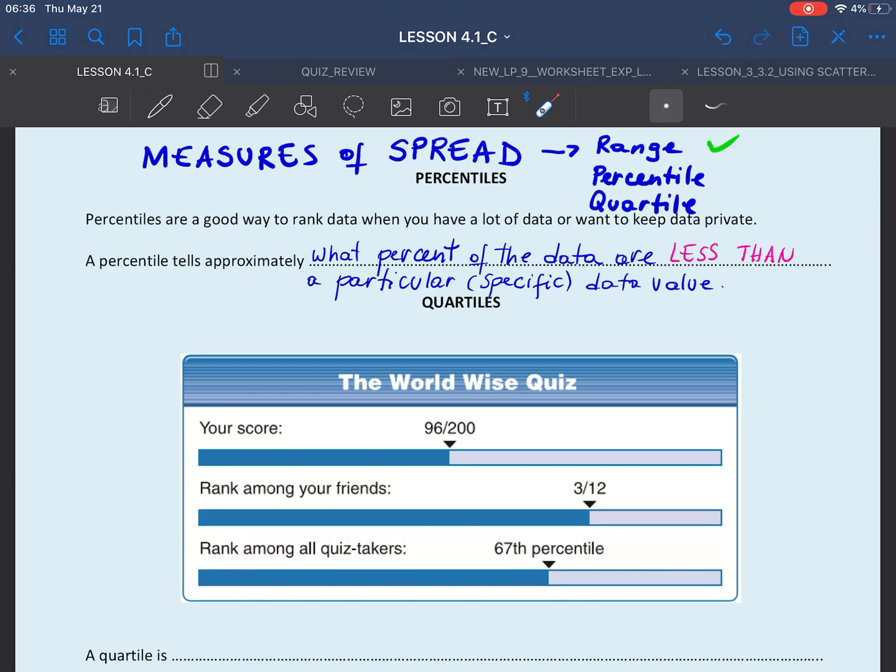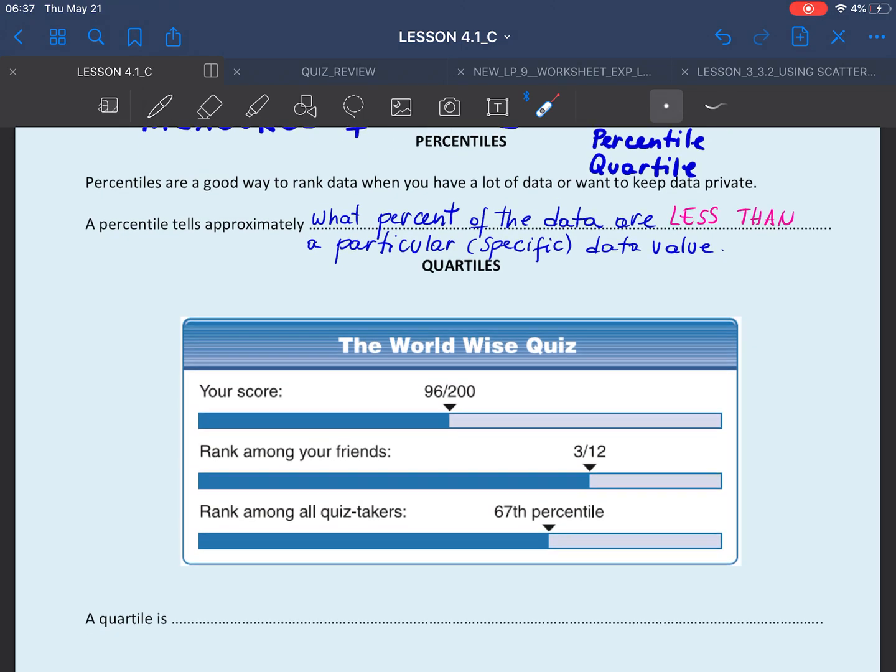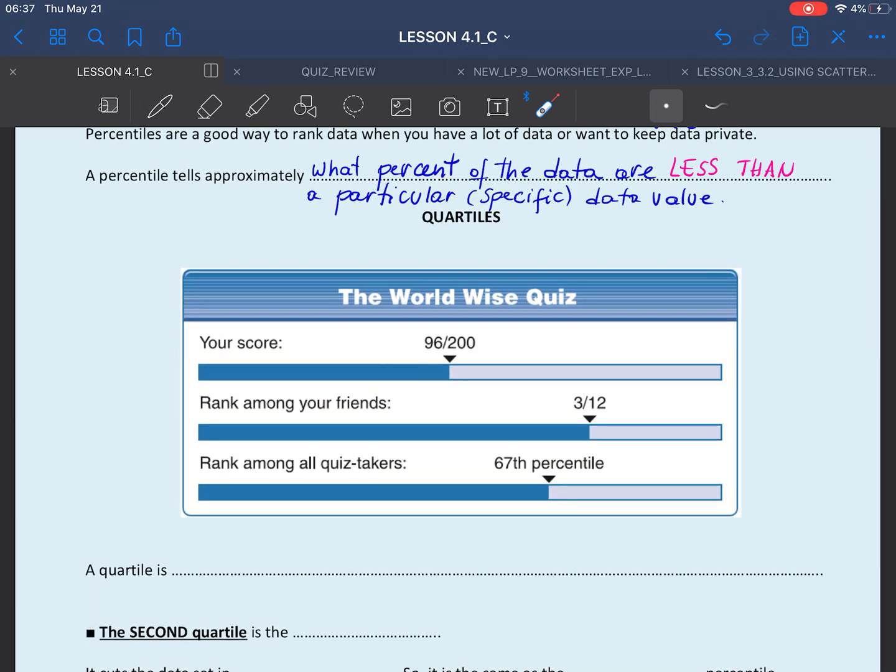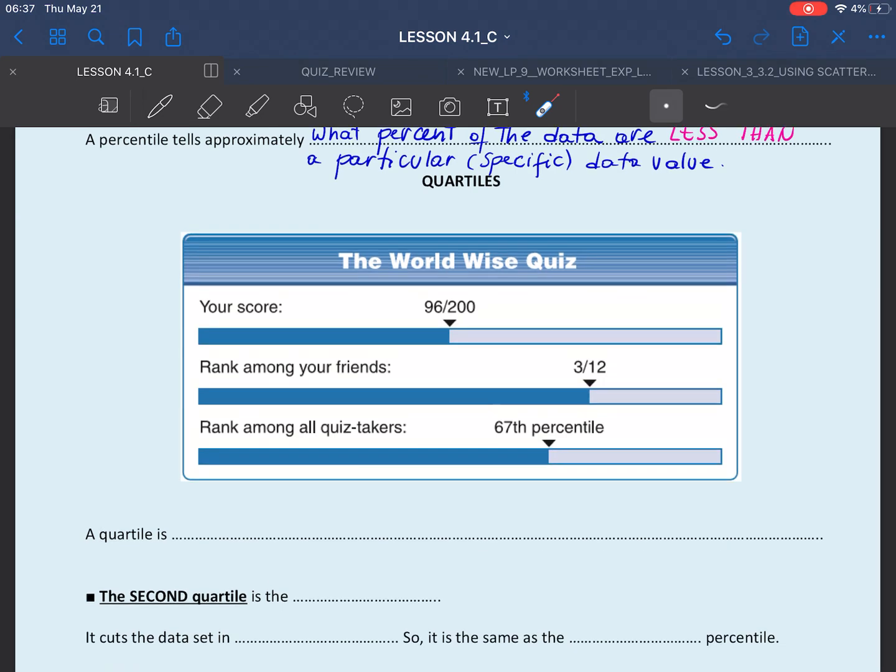So that would make up 67% of this data set here. If there are 100 people in here, then the 67th person will be in here. If there are 200 people in here, that would be the 134th person. We're going to talk about it in more detail in our examples. It would be a lot clearer and easier to understand there.